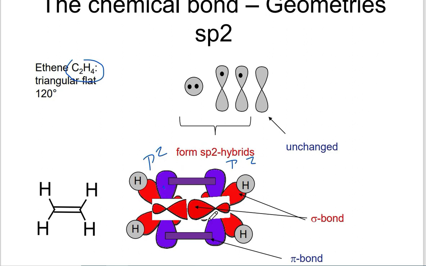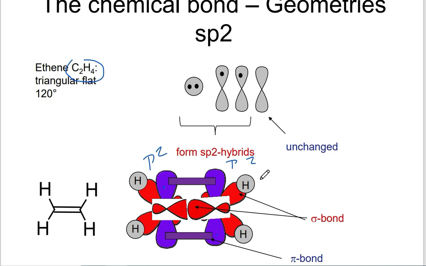One electron was here, one electron was there, and now they are sharing. So this one has two electrons, and this one has two electrons. So they are making one bond together from up and down because they have two lobes, but it's actually one bond because the full orbital, the pz orbital as a whole, as one orbital, is just creating one bond with the other pz orbital of the other carbon.